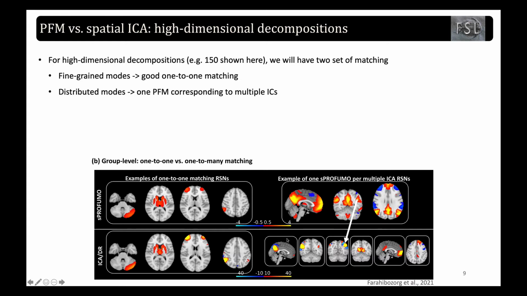And instead it starts breaking that bigger network down into subnetworks. So it's still explaining the same amount of variance, it's still capturing that network as a whole, but like I said, it's breaking it down into subnetworks. And Profumo doesn't have the constraint of requiring networks to be independent of each other. And so it is still able to, if the data supports it, identify this network as a single network.